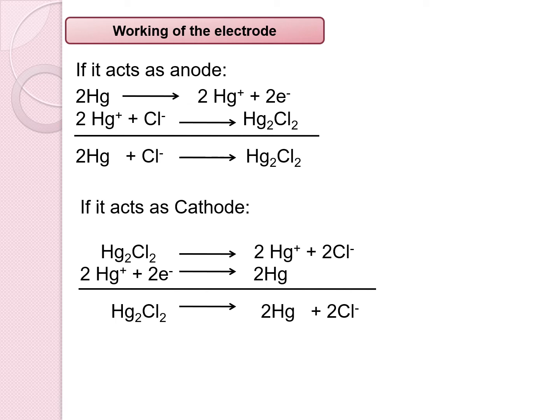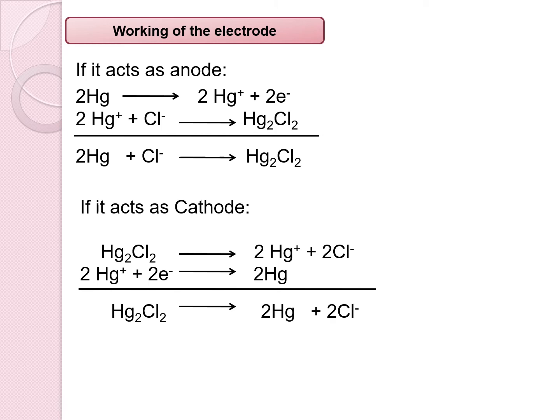When it takes electrons from the other system, this electron deficient Hg plus will gain that electron and be deposited as mercury. So when our calomel electrode is acting as a cathode, from mercurous chloride we get the formation of mercury.